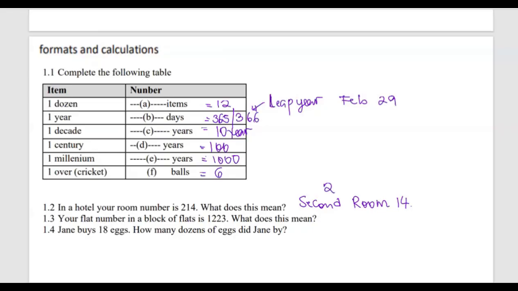So this is the 2 and this is the 14. All right. Your flat number in a block of flats is 1223. This would mean it's on the 12th floor, then room 23, sorry.